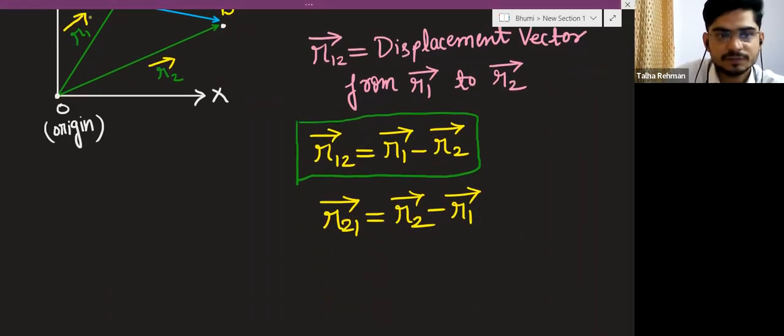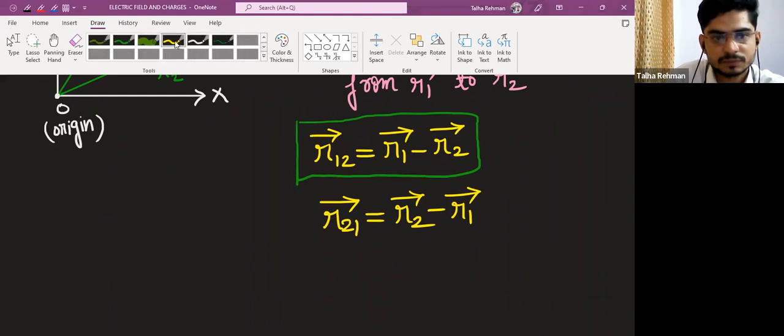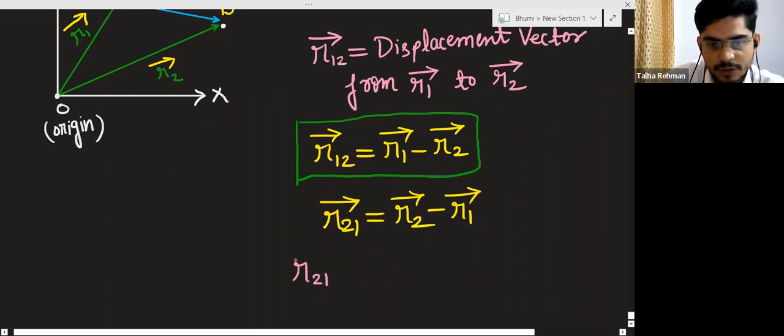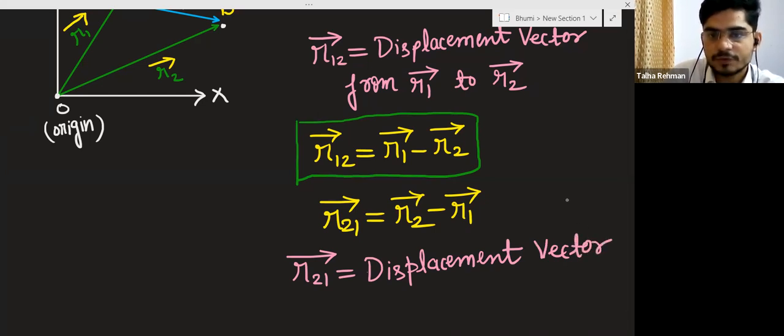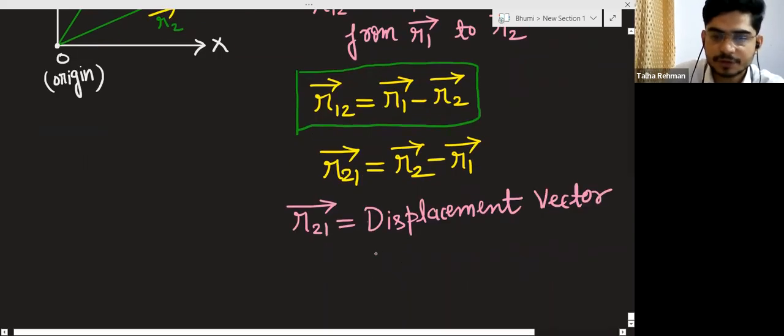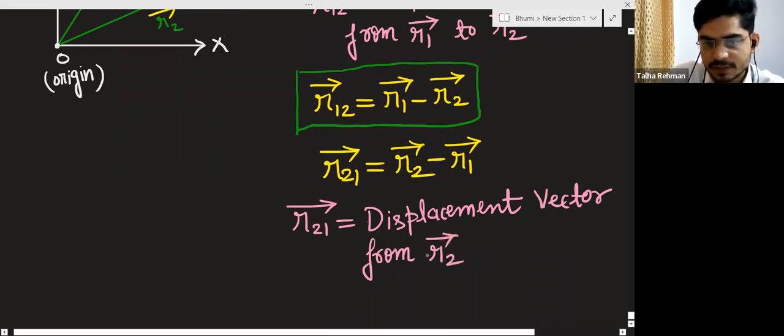So I am writing here: R21 is the displacement vector from the R2 position vector to the R1 position vector. Simple.